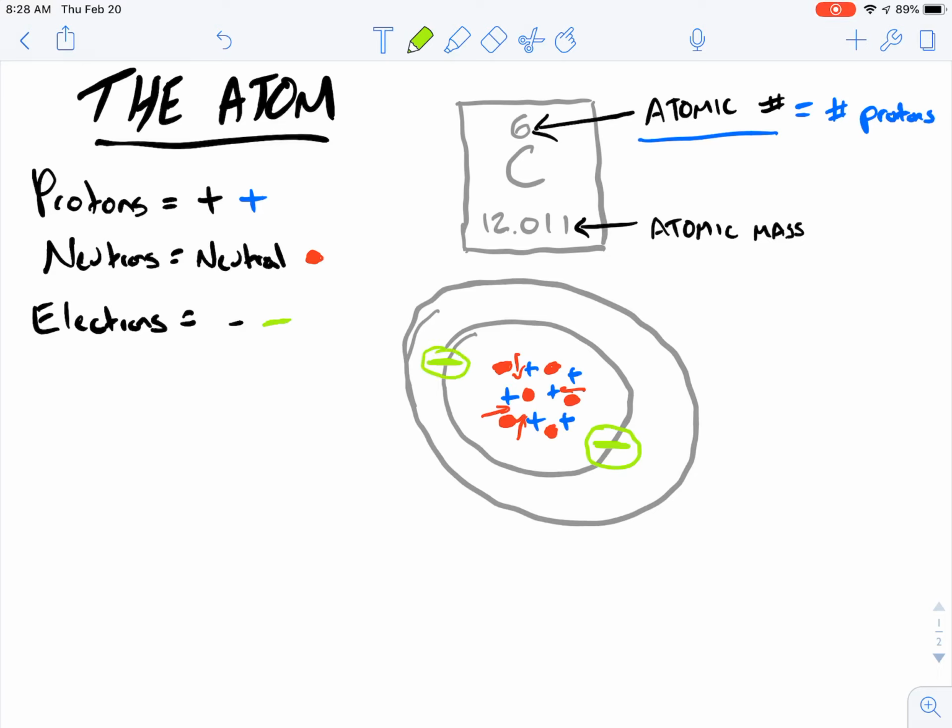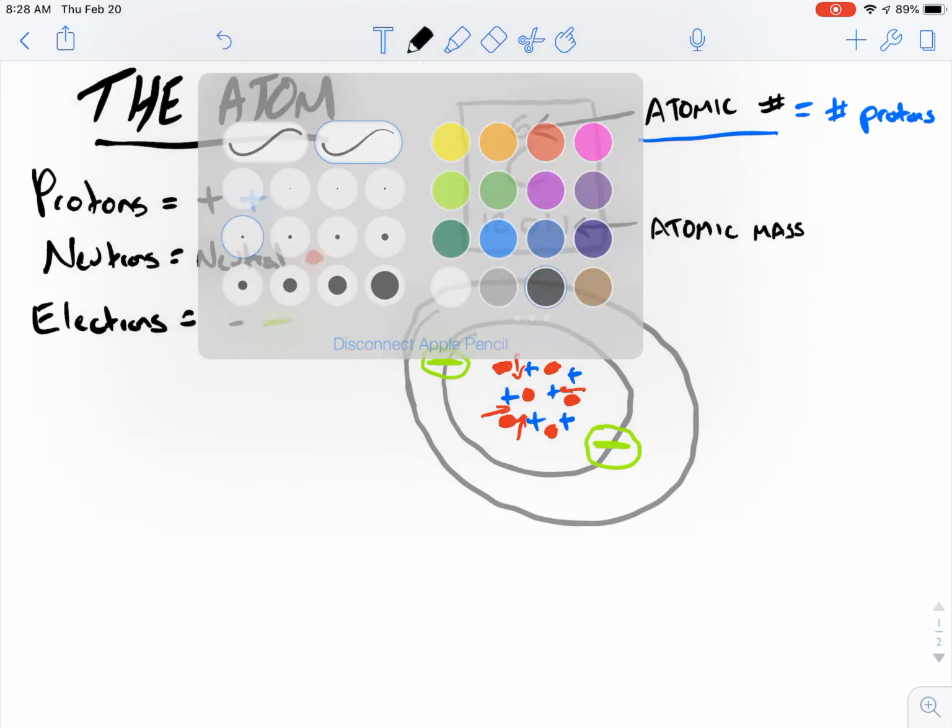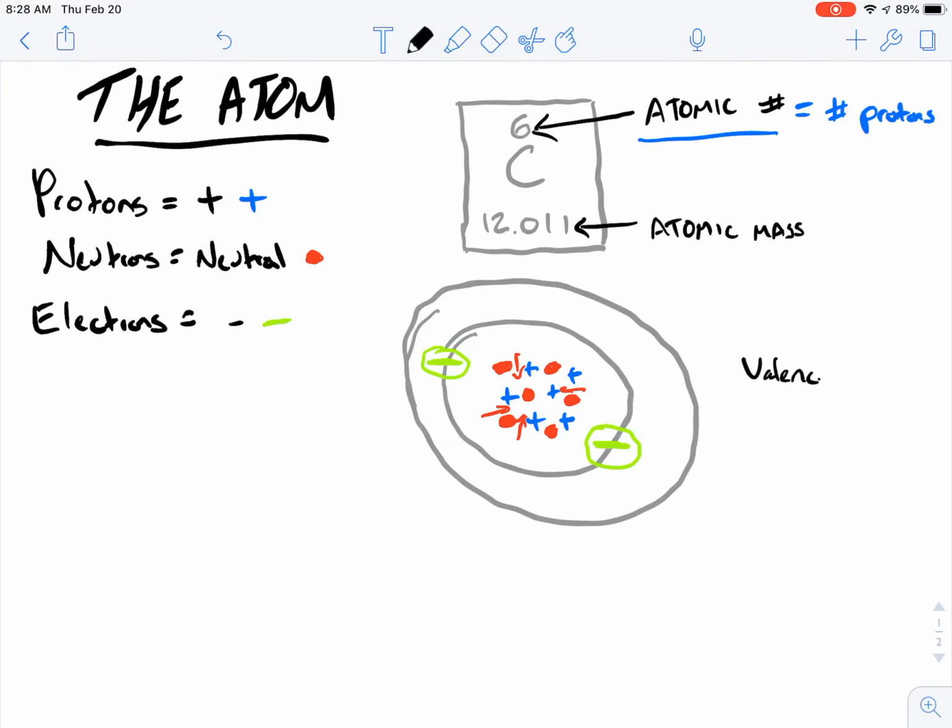And then our valence shell. Let's do that in a different color as well. So we have our valence electrons, which are the electrons in the last shell, or I would say outermost shell.